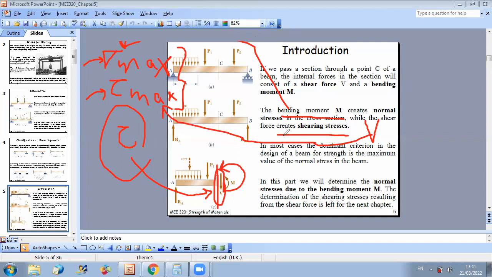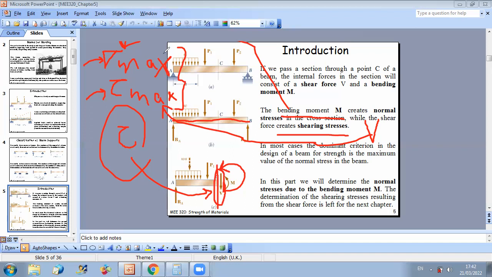This is why the first step should be to draw the shear and bending moment diagrams over the beam, to select critical sections characterized by maximum V and maximum M. And then we'll see that if the section is uniform, it's much easier for the analysis, because automatically the section of V max will correspond to tau max, and the section of M max will correspond to sigma max.